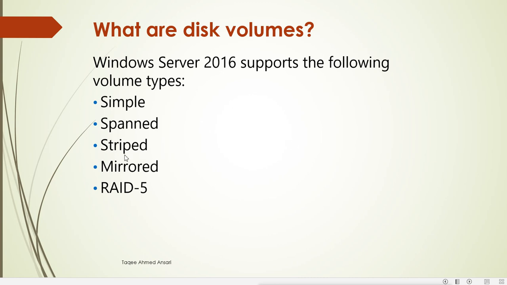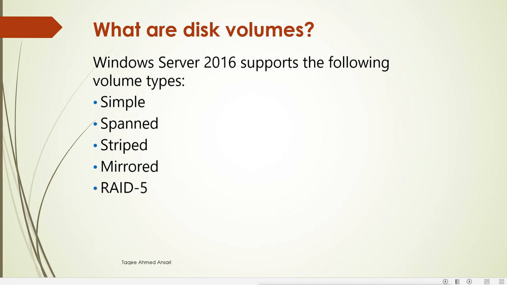Then we have stripe volume, mirror volume, and RAID 5 volume. These three volumes are from the RAID configuration. These are the RAID volumes. Now what is RAID? It is a redundant array of independent devices. This is to make the devices redundant, to make the data available every time even if a hard disk is corrupted.